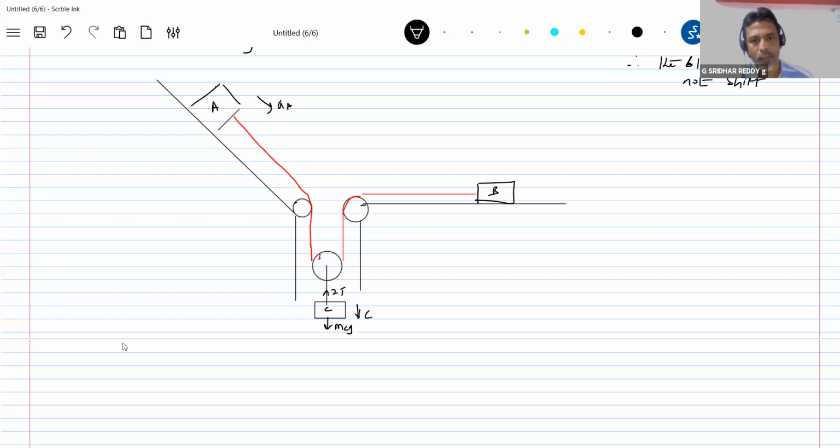MCG, 2T. So I think this will be much easier. We know how to work out the problem. Now the problem has become very simplified here.